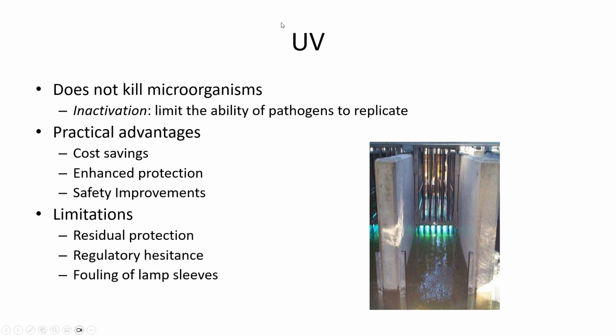UV offers some nice advantages compared to chemical disinfection. It's considered safe because there are no chemicals to spill. It provides protection in a way that, remember, certain pathogens that are very hardy, like Giardia and Crypto, that have a spore or can form a cyst, can protect themselves with a thick cell membrane against the chlorine.